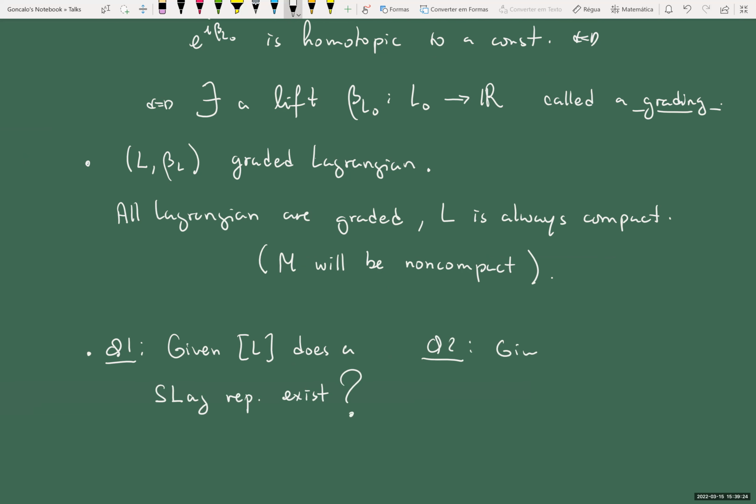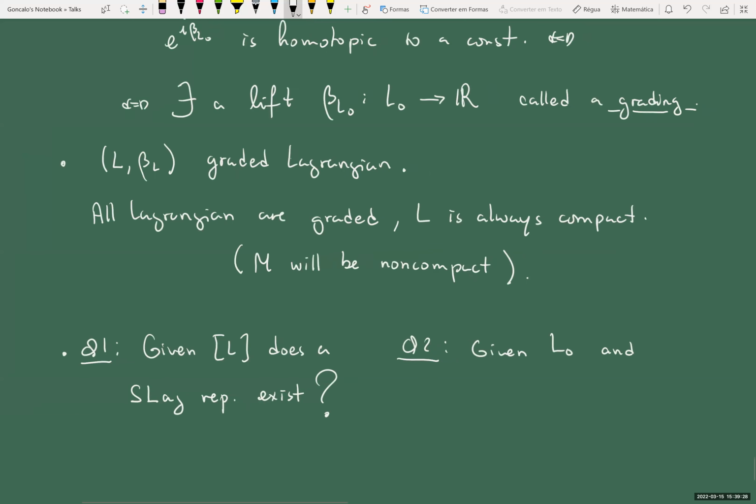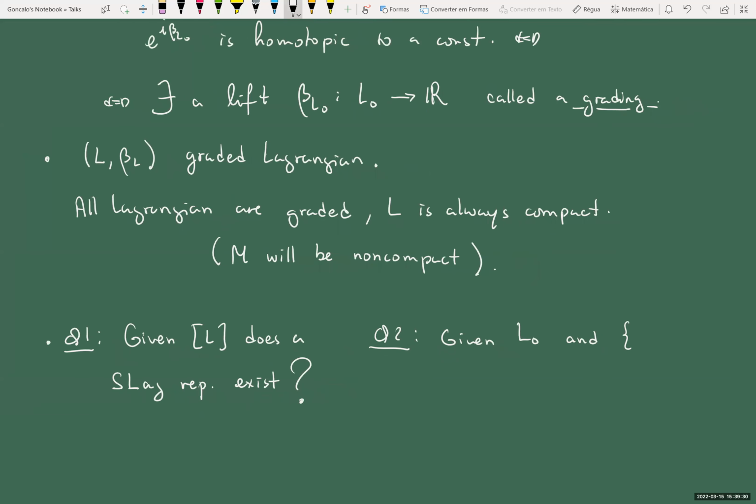So if you are given L naught and a one parameter family of Lagrangians evolving through the analog of the curve shortening flow, so the analog is you take d/dt of L_t, and that is equal to not the curvature, but what is called the mean curvature.